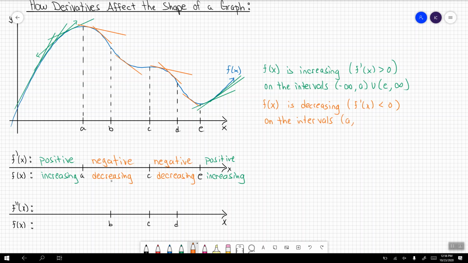So from a to c is our first interval here, union from c to e is where we're going to keep on decreasing.